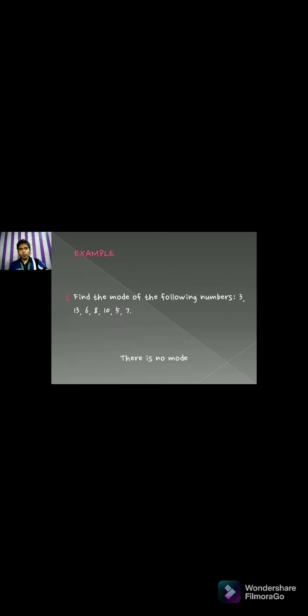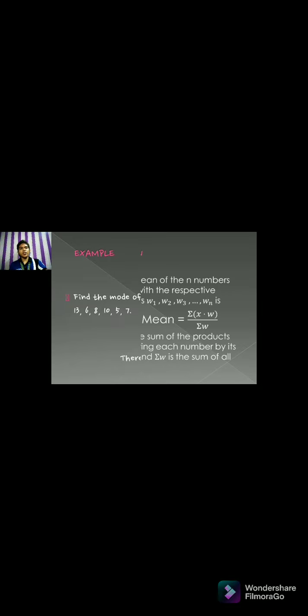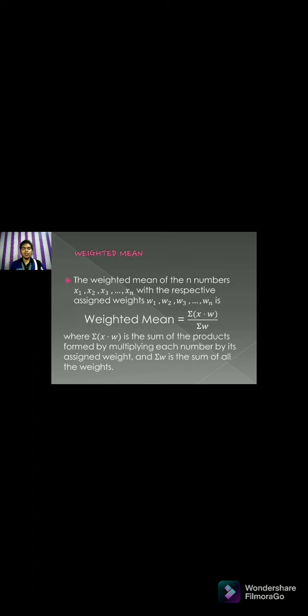So, we also have another measure of central tendency, which is the weighted mean. The weighted mean of the n numbers x sub 1, x sub 2, x sub 3, and so on, x sub n, with the respective assigned weights w sub 1, w sub 2, w sub 3, and so on, w sub n, is equal to the summation of x multiplied by weight over the summation of weight.